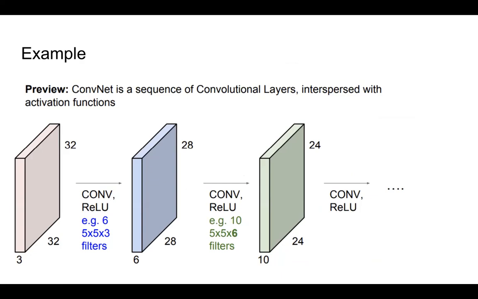But with every passing convolution layer, the image is not getting that small. There is a reduction of just, say, from 32 to 24 after using convolution twice.